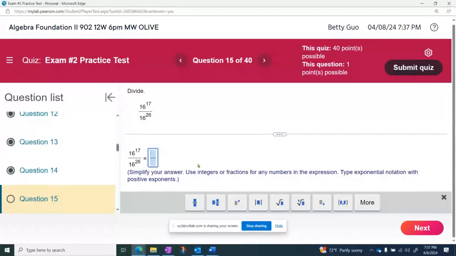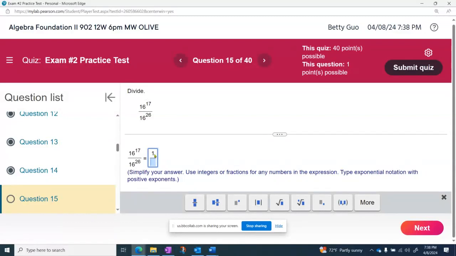So we're going to have 1 on the top, because we have 16s multiplied together. The numerator is 16 times 16 times 16 times 16, 17 of them multiplied together. And the denominator is 16 times 16 times 16, 26 of them. Since the denominator has a bigger exponent, the denominator is dominating.